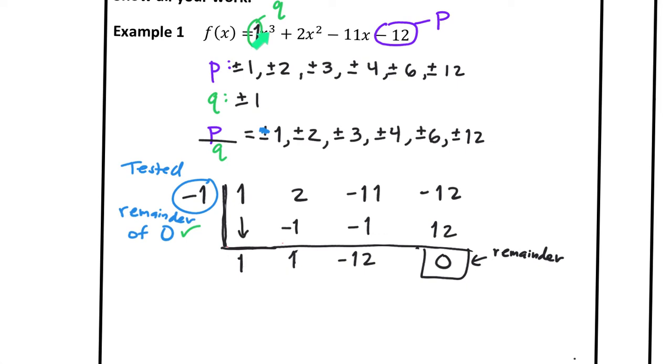So 3 minus 1, the power becomes 2. So down here, it's going to be 1x squared plus, and I'm putting plus because this was a positive 1, plus 1x minus 12.